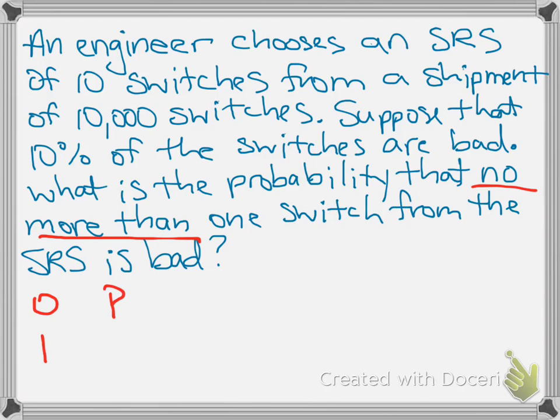We first want to calculate the probability that x is 0, meaning that we find 0 bad switches amongst the 10 that we choose. So that means we need to go back to our binomial probability formula. And I'm cheating a little bit here. So that formula says we're going to take n choose k, in this case n is 10, and we are choosing 0 of them. Out of the 10 switches that we have, we want 0 of them to be bad.